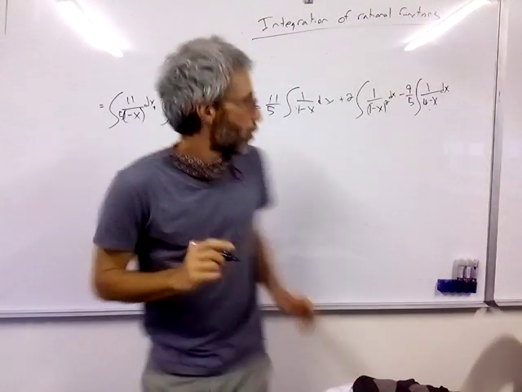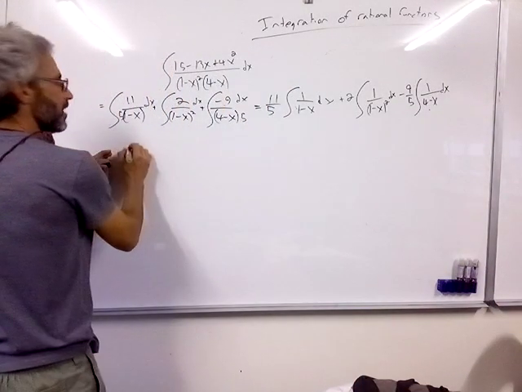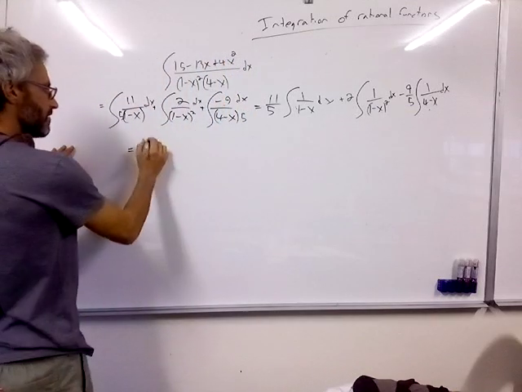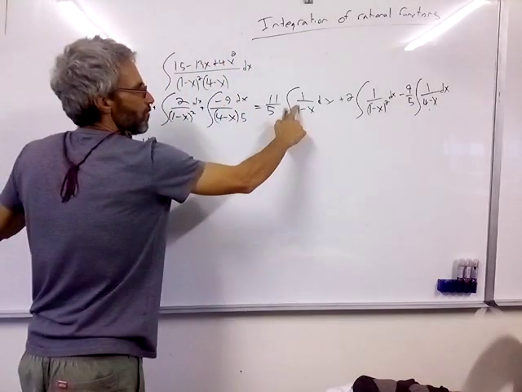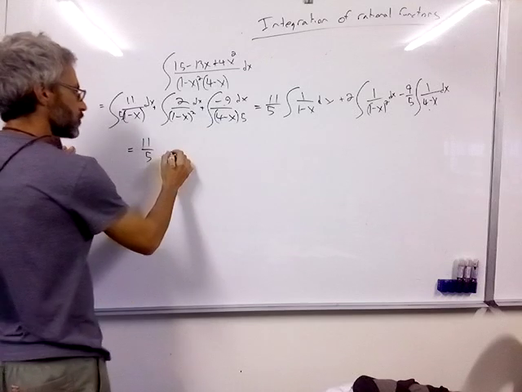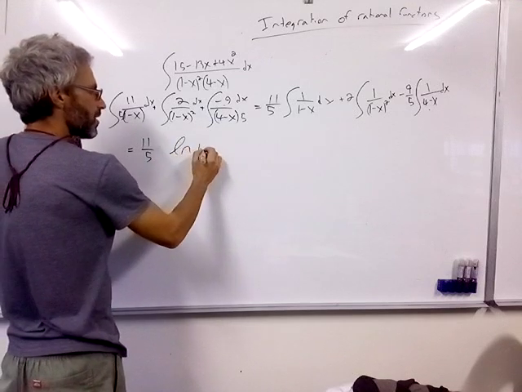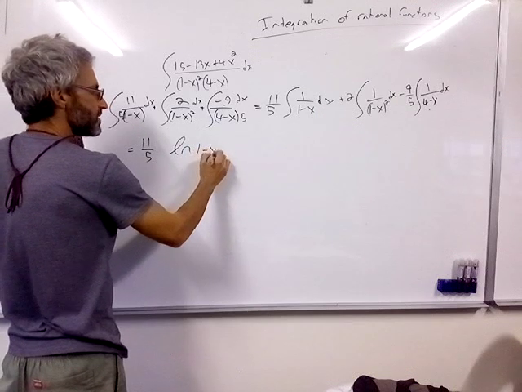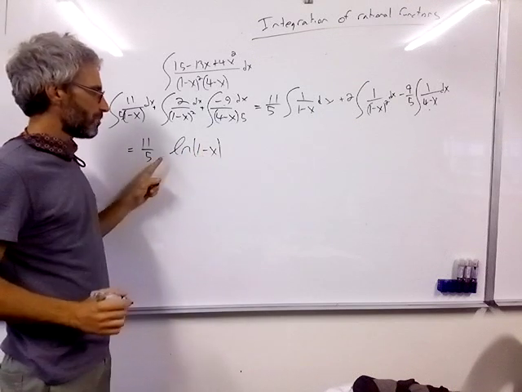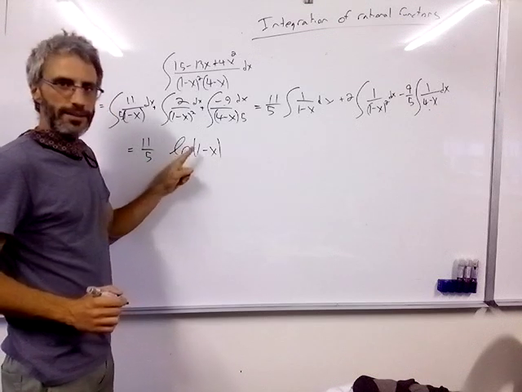Now, with your permission, to solve that, I'm going to start with the first and the third one. They're the easy ones. So 11 over 5, what's the integral of 1 divided by 1 minus x? Well, it's going to be something with a logarithm of 1 minus x. But don't forget that we need to multiply by the derivative.